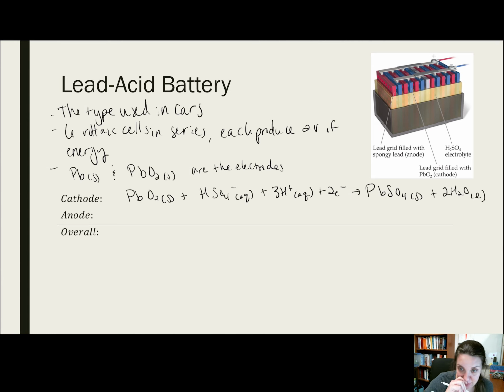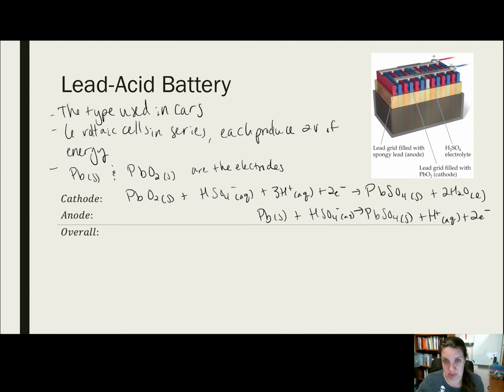Our anode is a little bit simpler. We have solid lead plus HSO4 minus, producing lead sulfate, H plus ions, and 2 electrons.